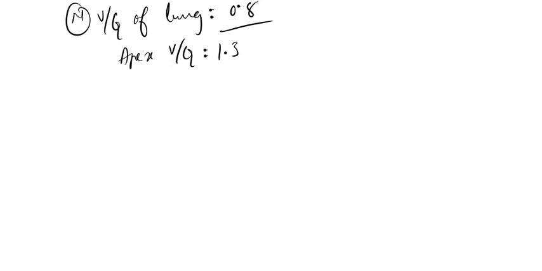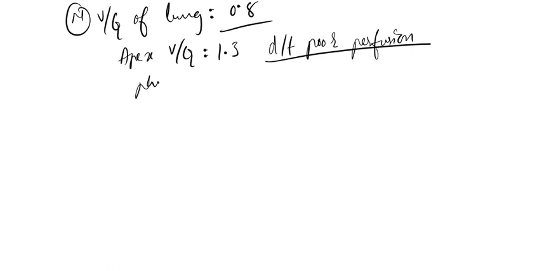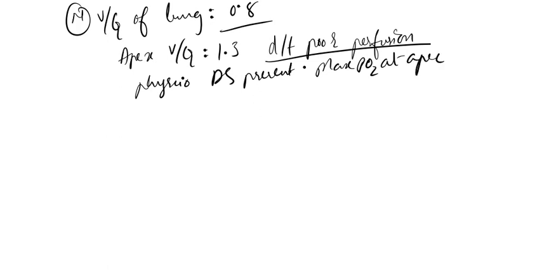Due to poor perfusion. Perfusion means blood supply, and it is less, so that is poor perfusion, so the VQ is more at the apex. Physiological dead space is present, and one more thing is the maximum partial pressure of oxygen at the apex.